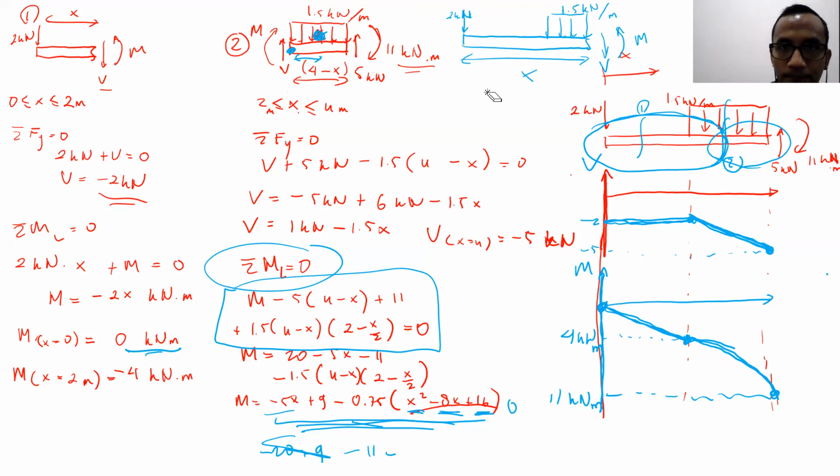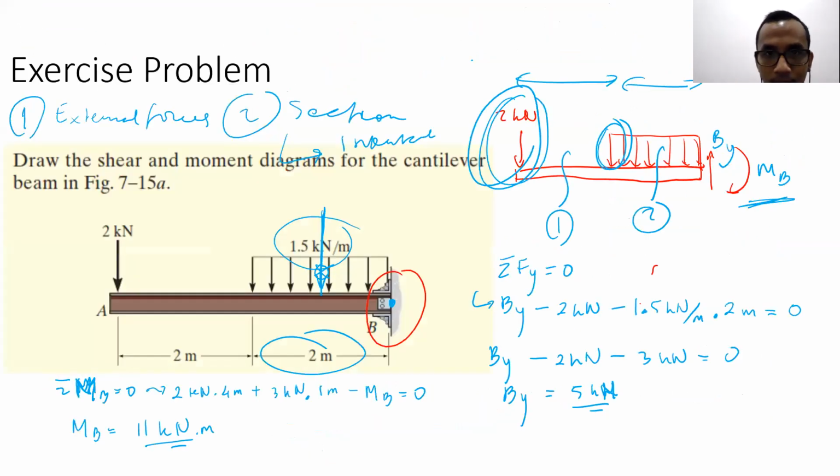I get it, Pak. Now, for the left section, we define from the beginning that x is the distance from the left edge, right? Correct, right, Rizky?